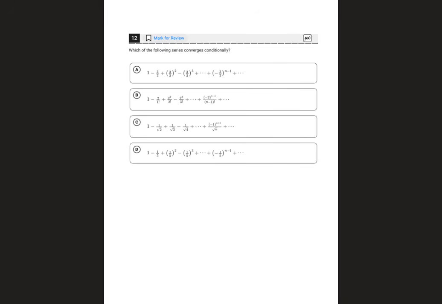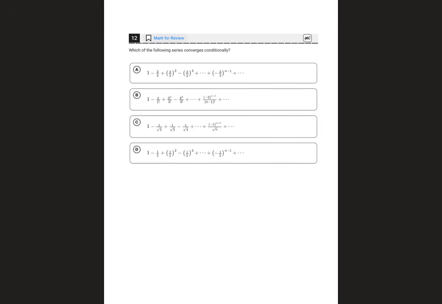Okay, let's look at the next one. So, let's see. Definitely the terms go towards 0 because exponentials grow slower than factorials.